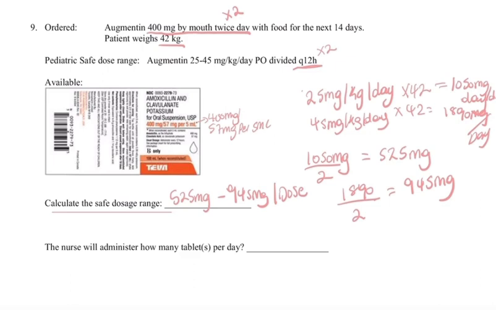So per dose. Now it says the nurse will administer how many tablets per day. Now this is the tricky part that I want you guys to look into. So the doctor ordered 400 milligram, right? And then the label says that it's 400 milligram per tab.